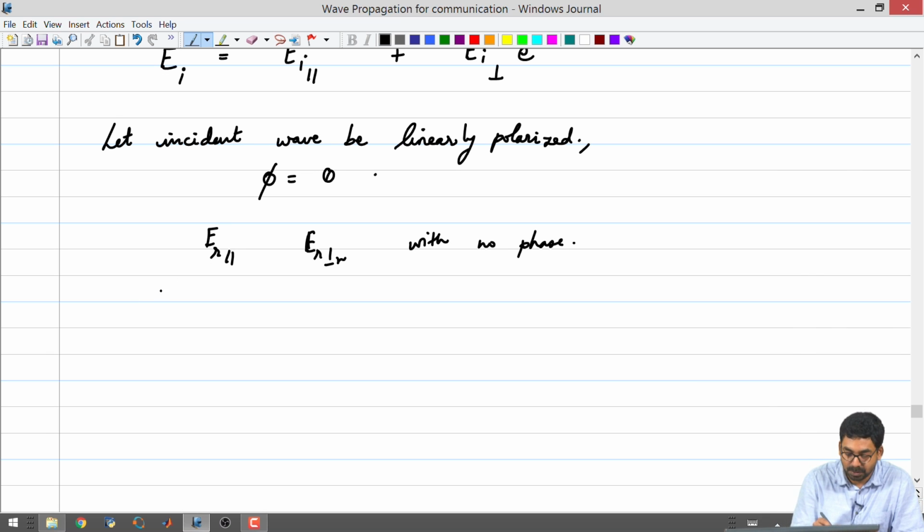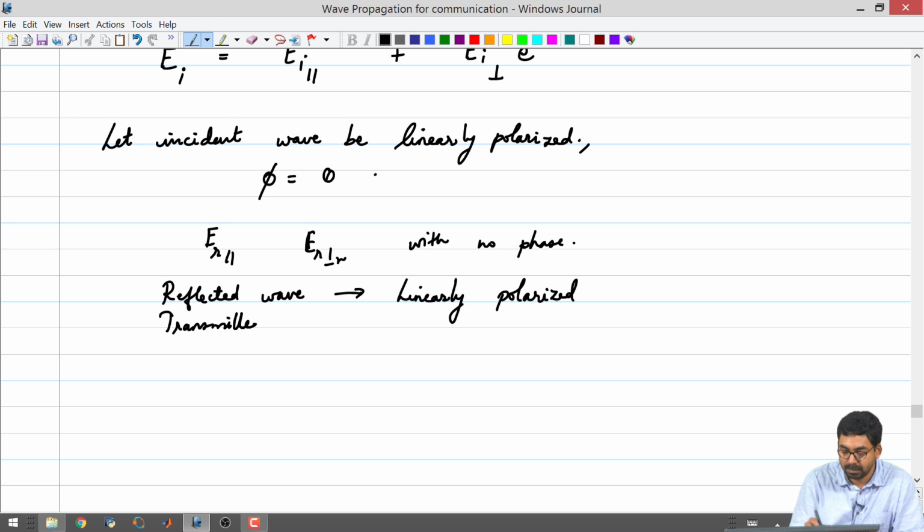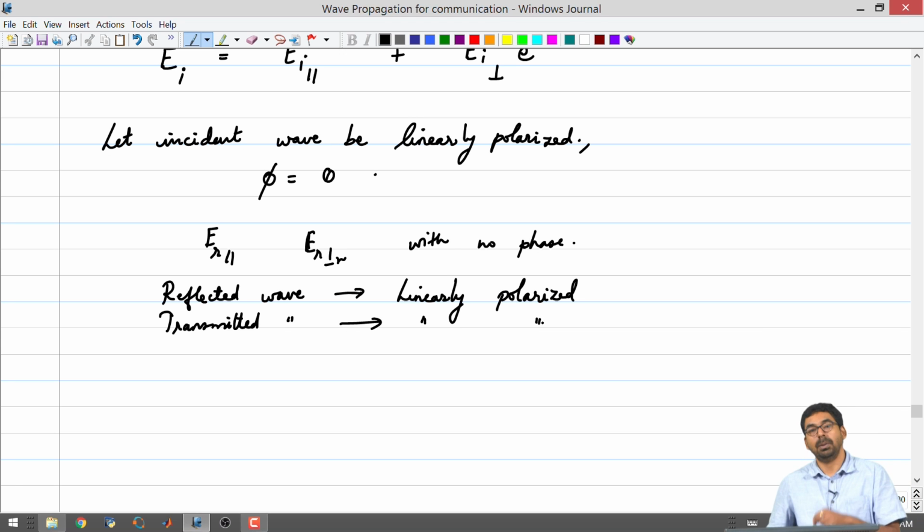So, reflected wave linearly polarized, transmitted wave is also linearly polarized.